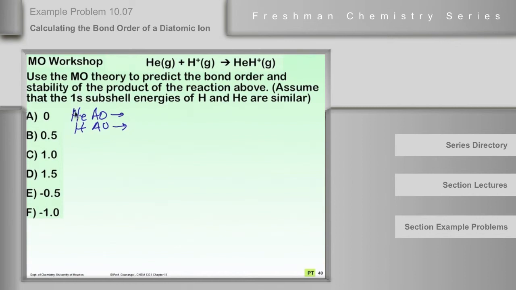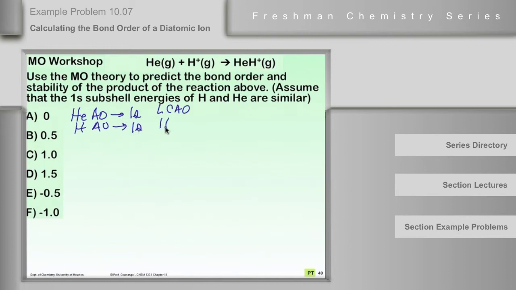And the helium atomic orbital, since helium is element number 2, and it's in the same period as hydrogen, its atomic orbital will be its 1s. And hydrogen, of course, also is 1s. So if we look at the linear combination of atomic orbitals, it'll be the combination of these two.